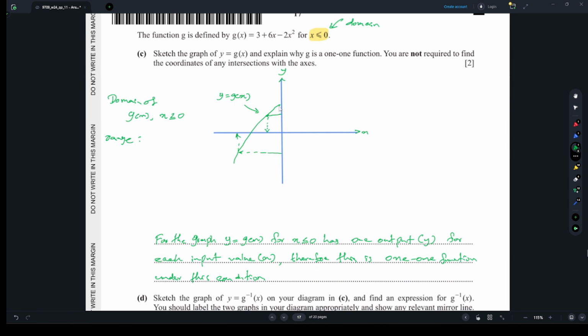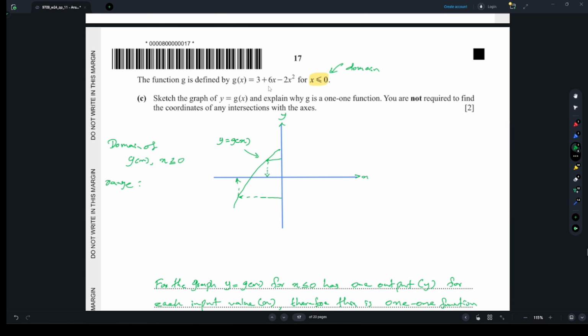We can find the range when we substitute x equals 0. So the range is 3. That means this value is actually 3. Okay, so as you can see the graph, the maximum y value is 3 and then less than 3. So the range is y less than or equal to 3.